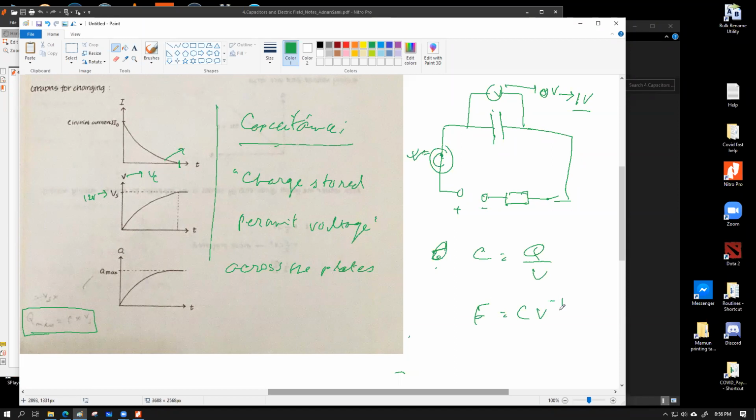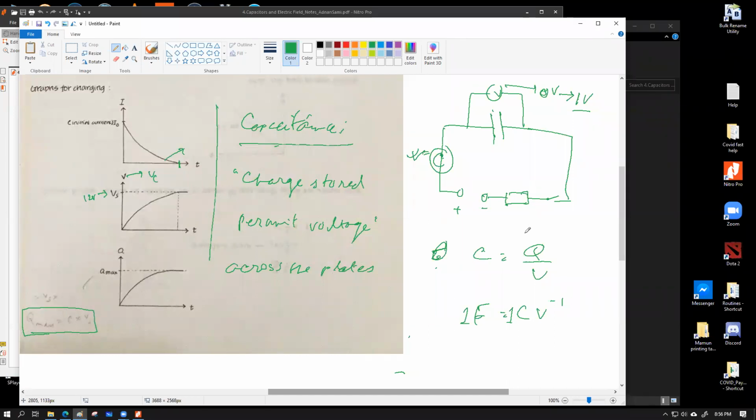So I can define 1 farad as 1 coulomb per volt, which means if, to maintain 1 volt potential difference across the two plates of the capacitor, we need to provide 1 coulomb of charge into the capacitor, the capacitance of that capacitor is 1 farad.